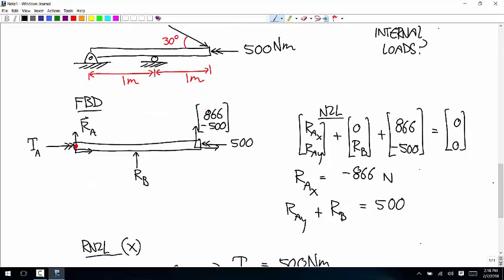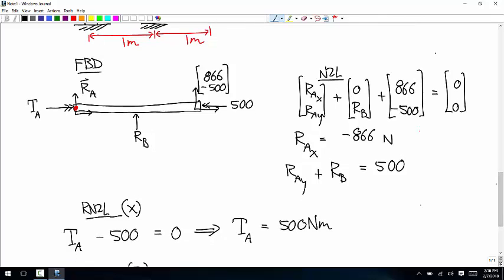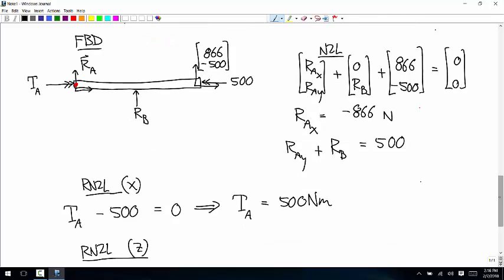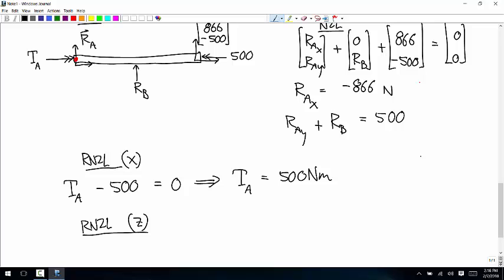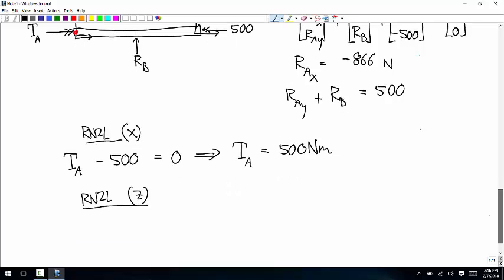Okay, so the force RA doesn't produce any moment about Z. TA is about X, so that doesn't show up. The force RB produces a moment with a moment arm of 1. So we have 1 times RB.